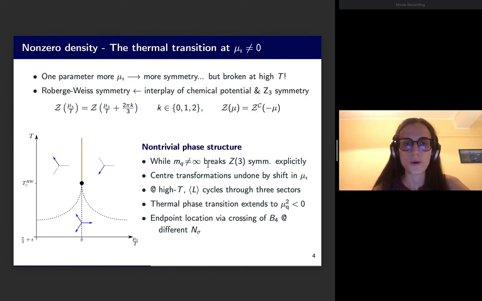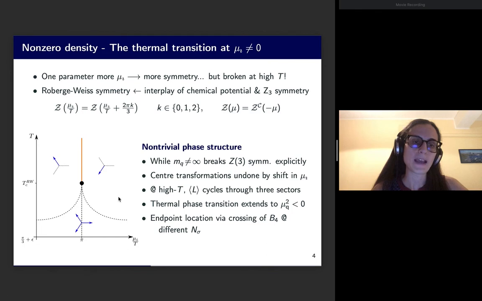So while, as I said, as soon as you have dynamical quarks with finite masses, you are breaking Z3 symmetry explicitly. You still have center transformations that can be undone by a shift in mu I, and at high temperature, your average value of the Polyakov loop is cycling through the three sectors.